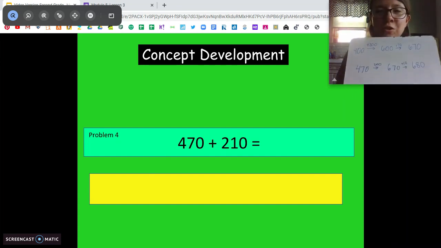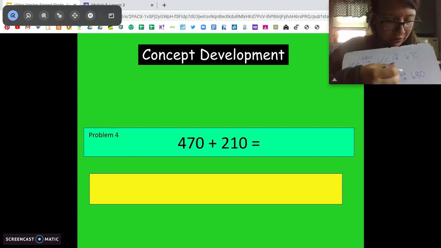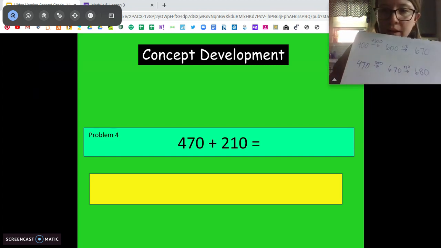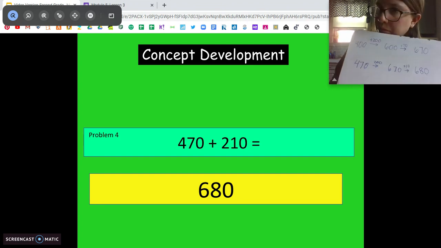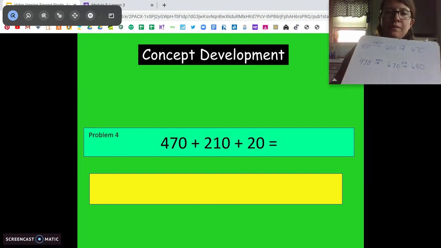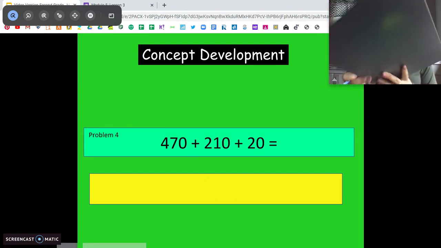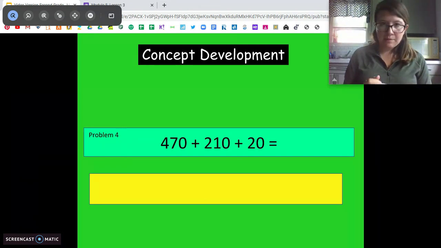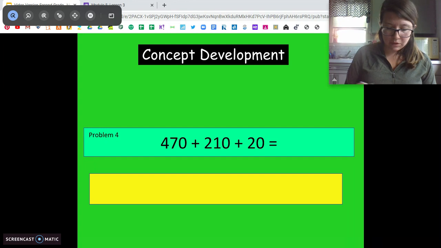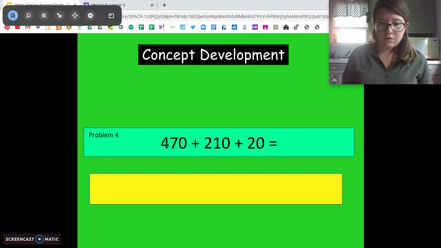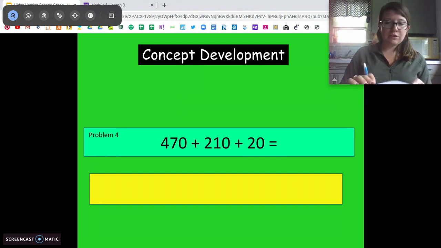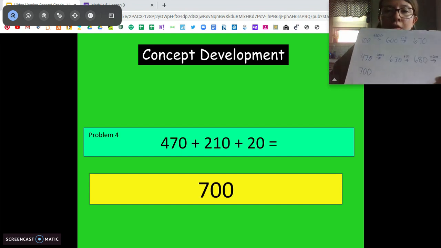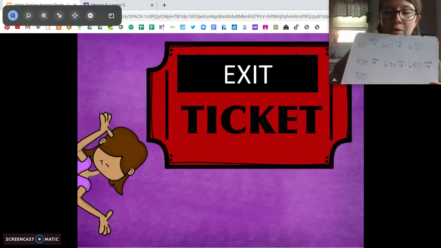I noticed that 210 is adding another 10 on, so I just did an arrow way and added another 10 on. Makes sense, right? Ooh, okay. Now we're going to add another 20. I think I know what's going to happen when we add that other 20 in, but go ahead and solve yours on your own using that arrow method. What happened when we added that extra 20 in? It brought us to that even 700 number.